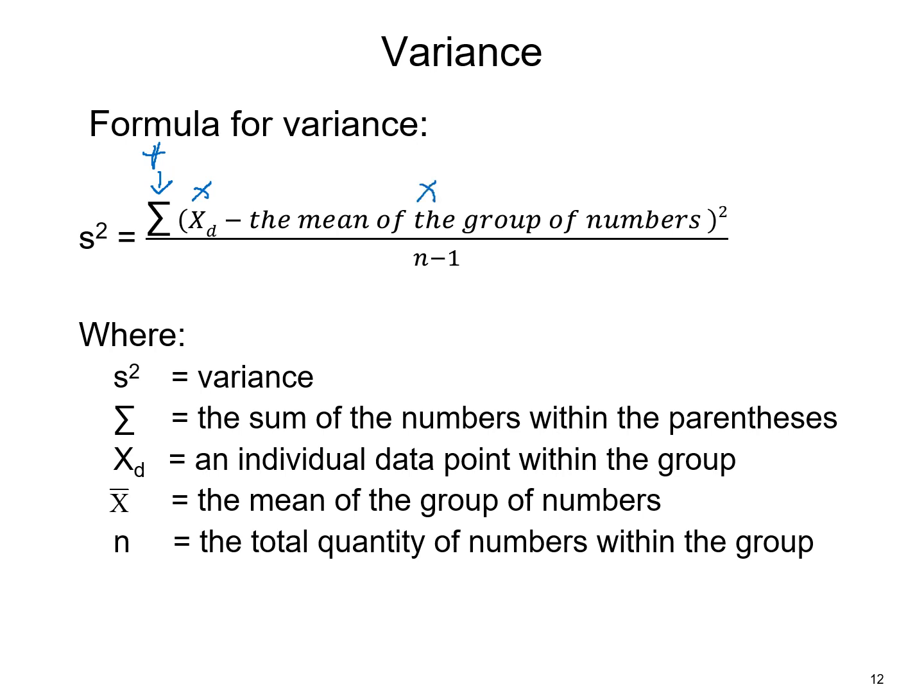So our mean again is X bar, divided by the total quantity of numbers in that group minus one. And of course this whole value here, this X minus the mean, is squared as well. So that's a very important step that a lot of people will forget.